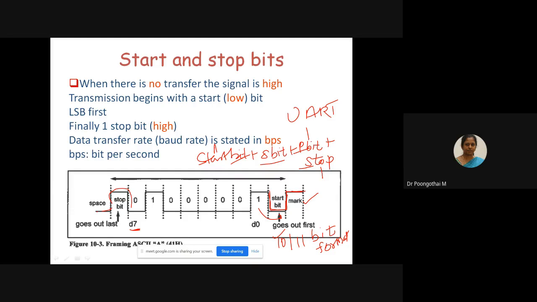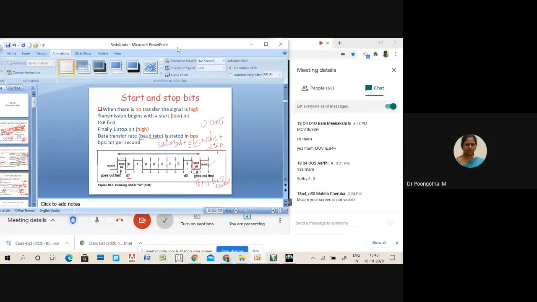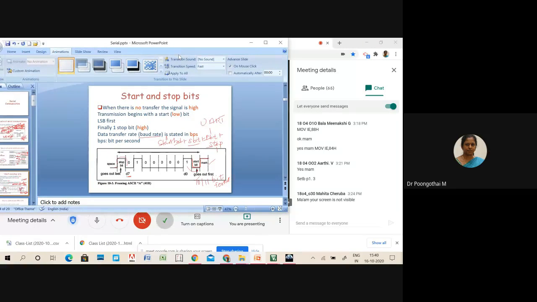And your data transfer rate is measured in terms of baud rate. So what is baud rate? The rate at which the bits are transmitted is called baud or transfer rate.